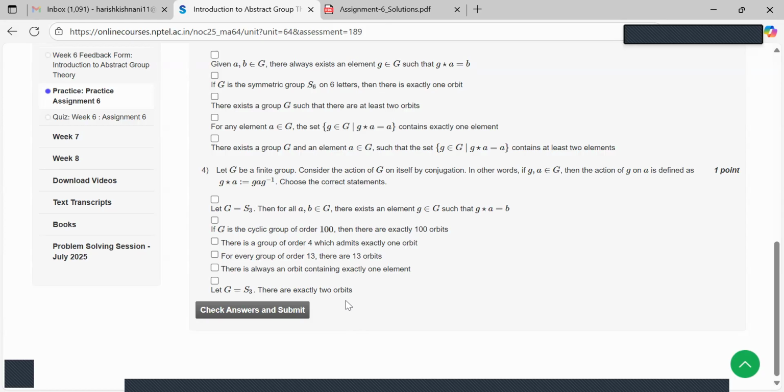No, right? First one is for identity, second is for two cycles, and third one is for three cycles. You can check that these three are the orbits for the conjugation action. So there will be three orbits, not two.